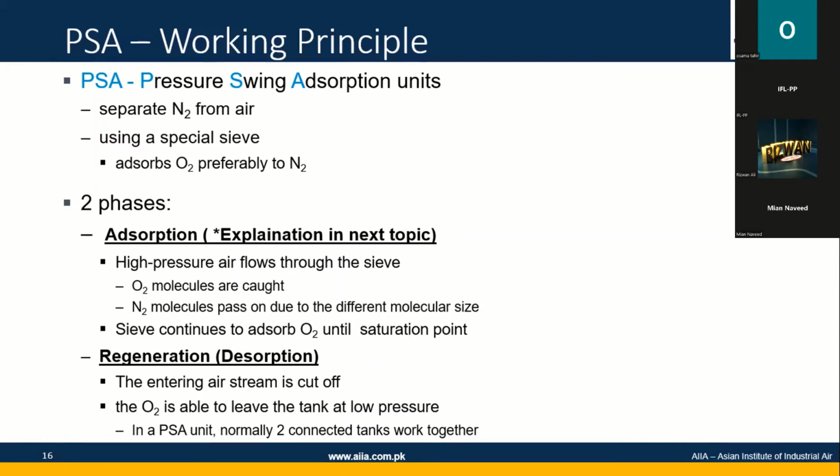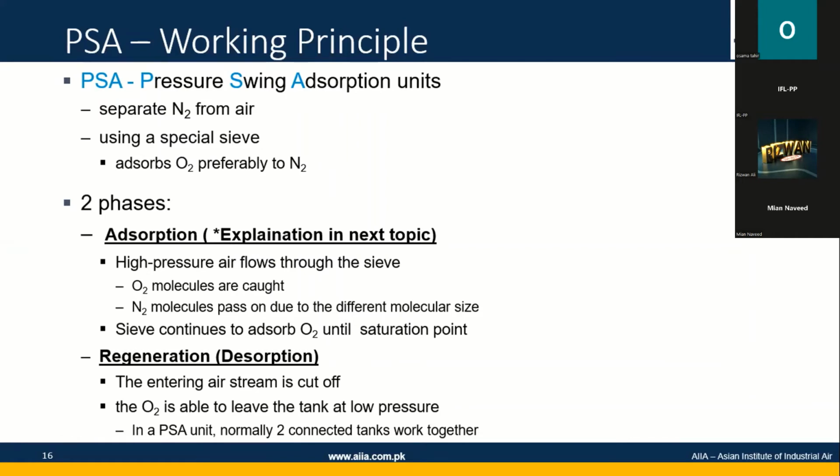Let's discuss the two phases in the PSA technology. In the PSA two phases, the first phase is adsorption, right? Adsorption means that when you pass the compressed air through the molecular sieves, the carbon molecular sieves trap the oxygen molecules. They are trapped because they are bigger in size, and they let the nitrogen molecules pass to the second tower.